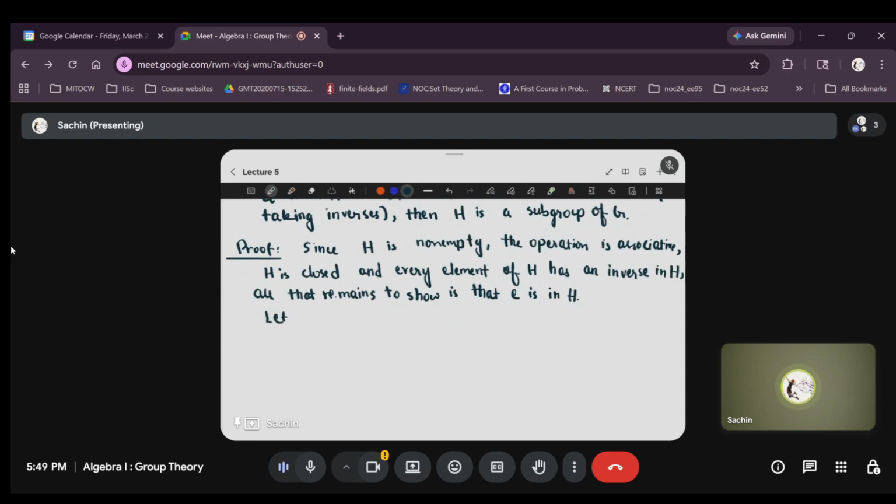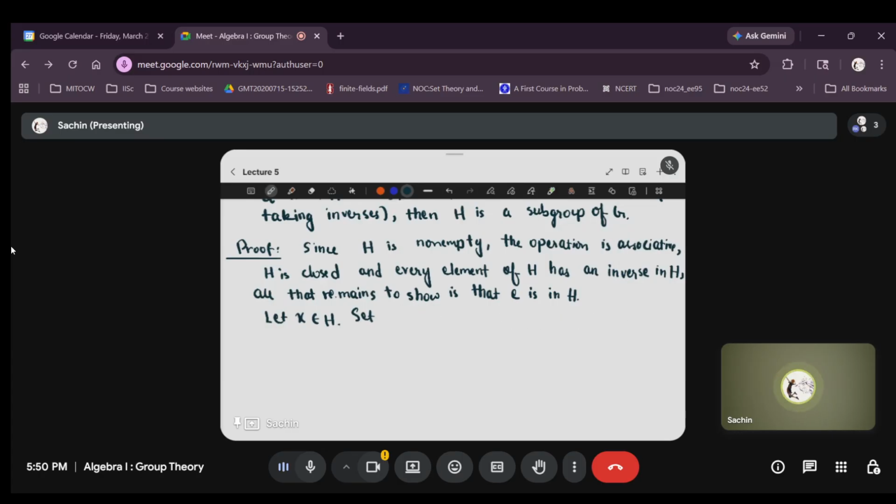Then since H is non-empty, let X belong to H. Then set A equal to B equal to X in the one-step subgroup test. Sorry, no, we won't do it that way.